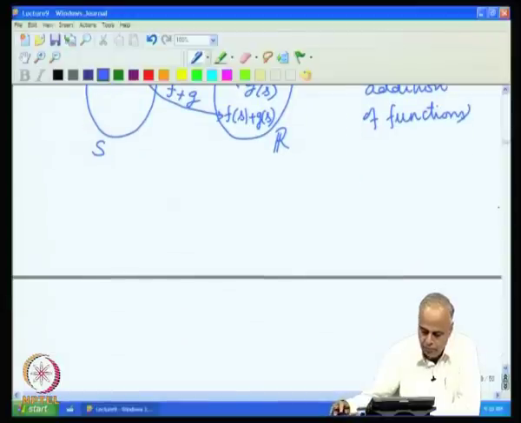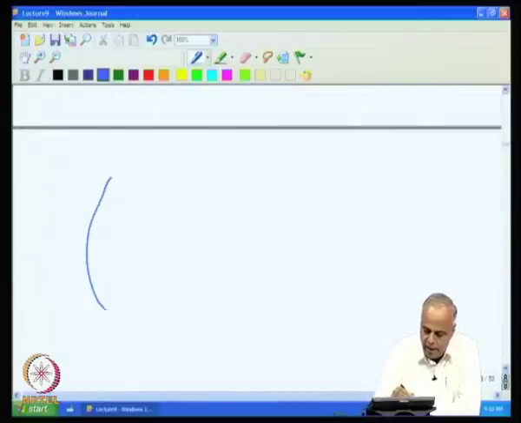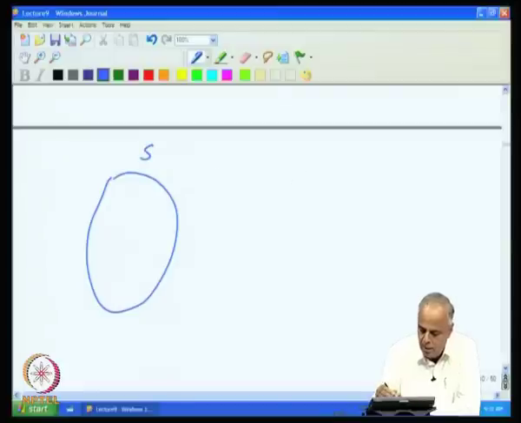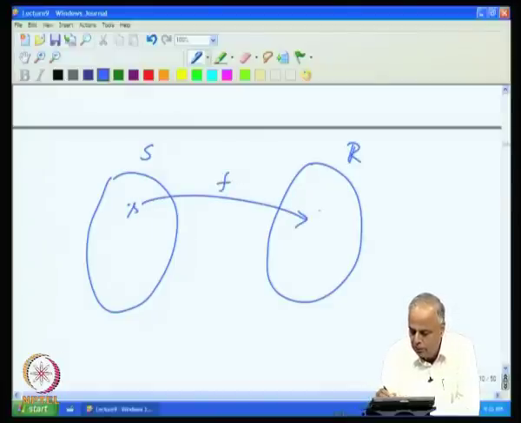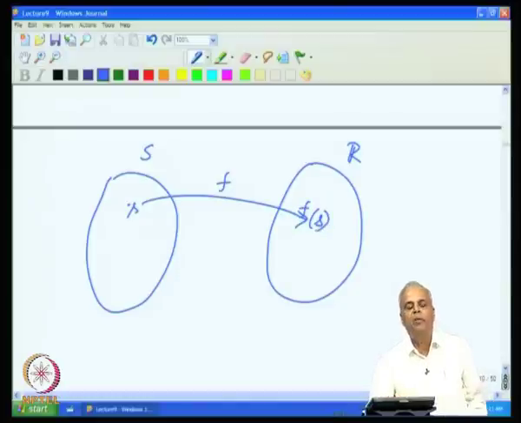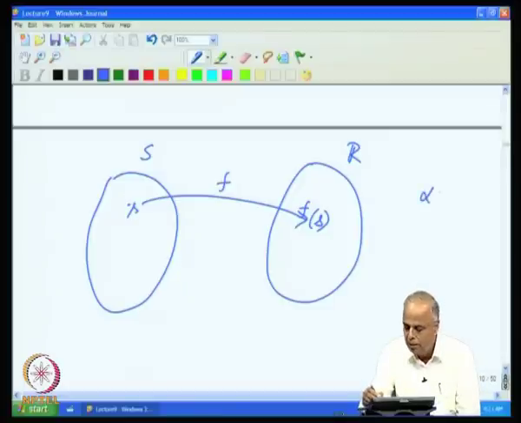Similarly, let us take S and let us take R, the real numbers. Again, suppose I have a function f which with each s associates the value f(s). Now, f(s) is a real number, and suppose I choose any real number alpha.